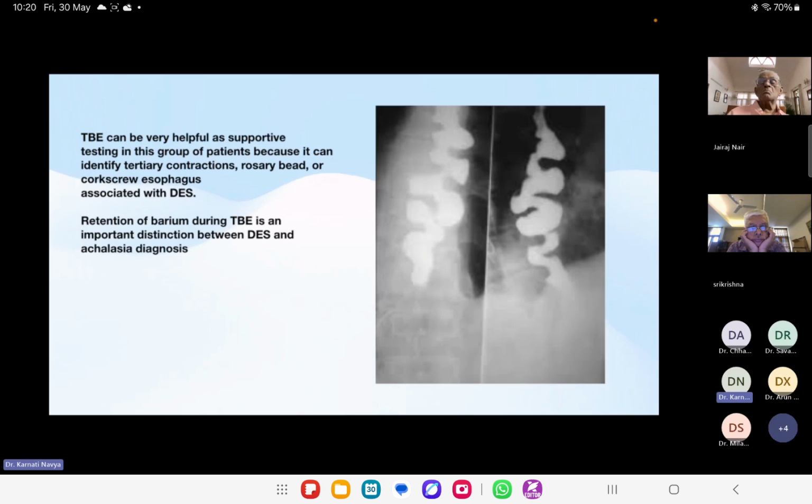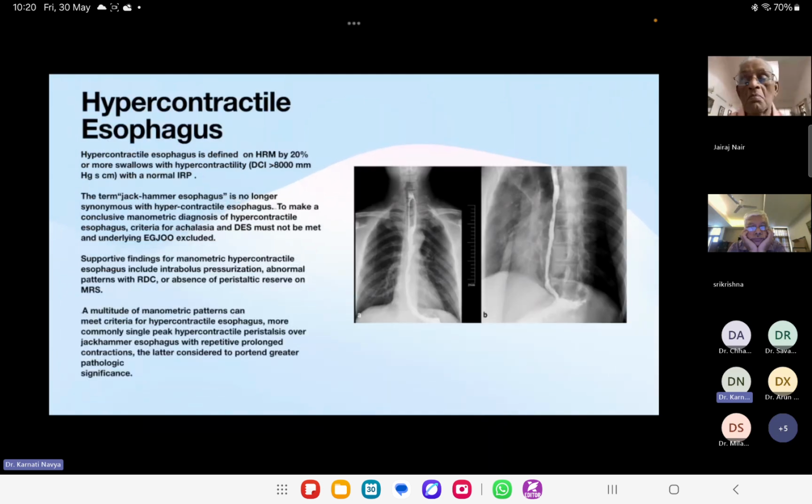Timed barium esophagogram helps in the supportive diagnosis of diffuse esophageal spasm. It shows a corkscrew or rosary bead appearance on the barium meal esophagogram. Retention of the barium during esophagogram is an important distinction between diffuse esophageal spasm and an achalasia diagnosis.